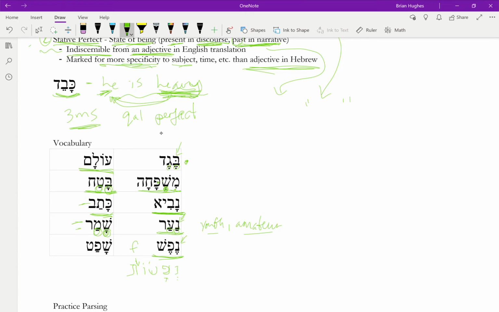This is he guarded, he observed, he watched. And then here we have shafat. Kametz patach in this form is cal perfect, but again, the reason that this is just what we call the lexical form. So if you're looking it up in a lexicon, Brown Driver Briggs, or another, this is the dictionary entry you're going to see. That is the cal perfect 3ms. It is the dictionary entry.